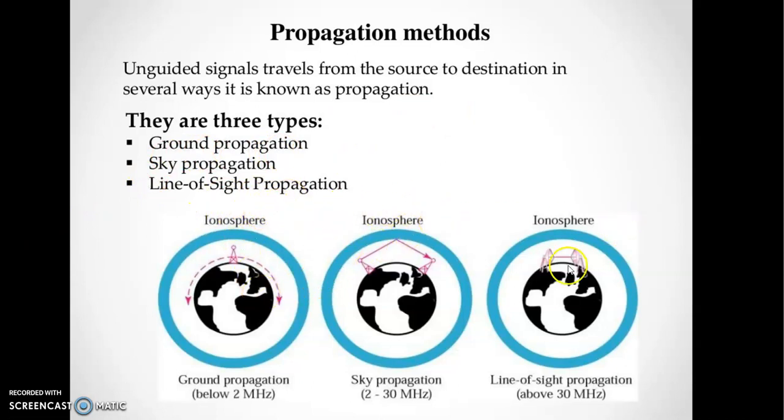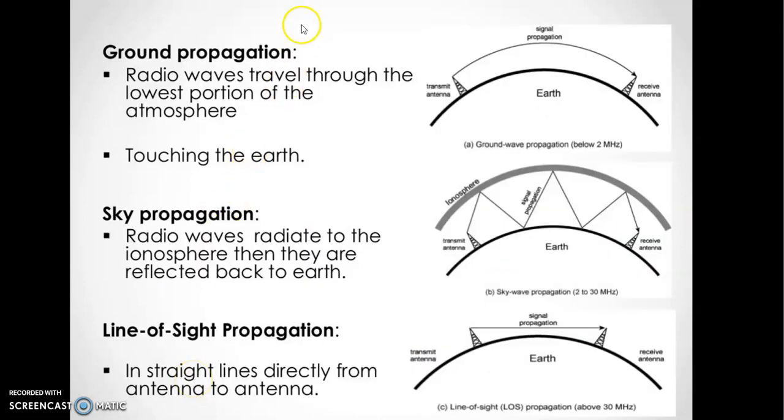Ground propagation: radio waves travel through the lowest portion of the atmosphere, touching the earth. Sky propagation: radio waves radiate up to the ionosphere so that they can reflect back to earth. Line of sight propagation: in a straight line directly from antenna to antenna.